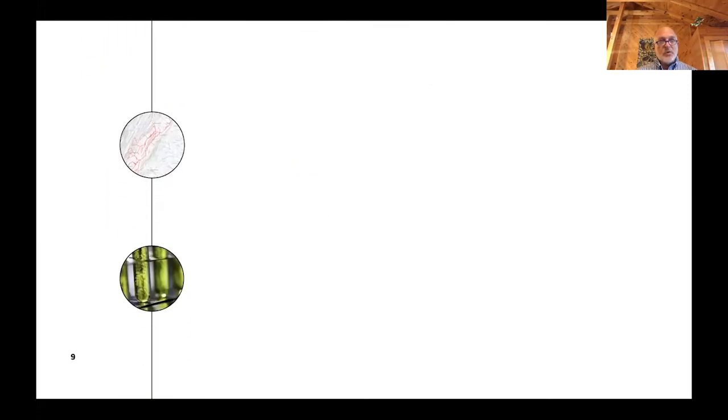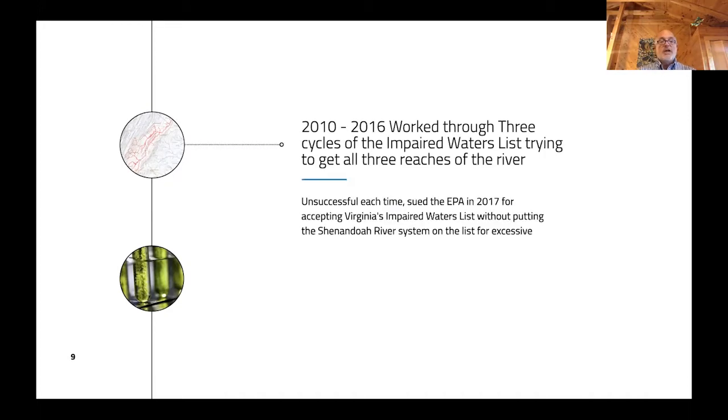And so at that point, we started seriously investigating it. Between 2010 and 2016, we started actively trying to get all three reaches of the Shenandoah River, that's the North Fork, South Fork, and the main stem of the river, put on the EPA's impaired waters list for excessive algae or nutrient overload.